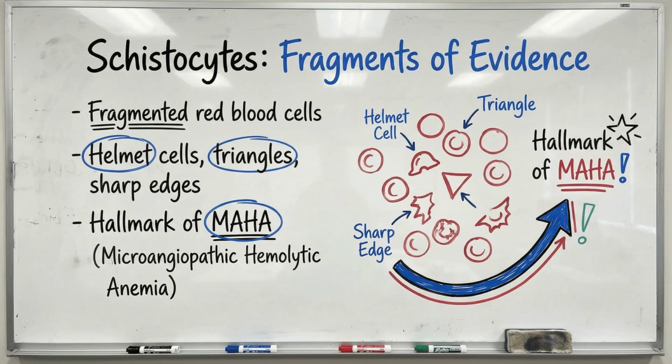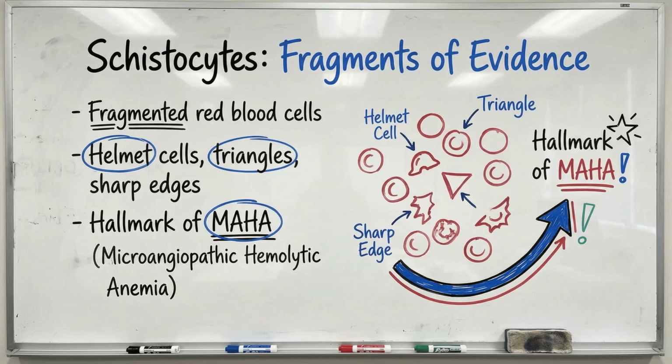Seeing schistocytes is a critical finding that demands immediate attention, as it points to a microangiopathic process that can be life-threatening. These fragments are direct evidence of the physical trauma the cells have endured in the circulation.